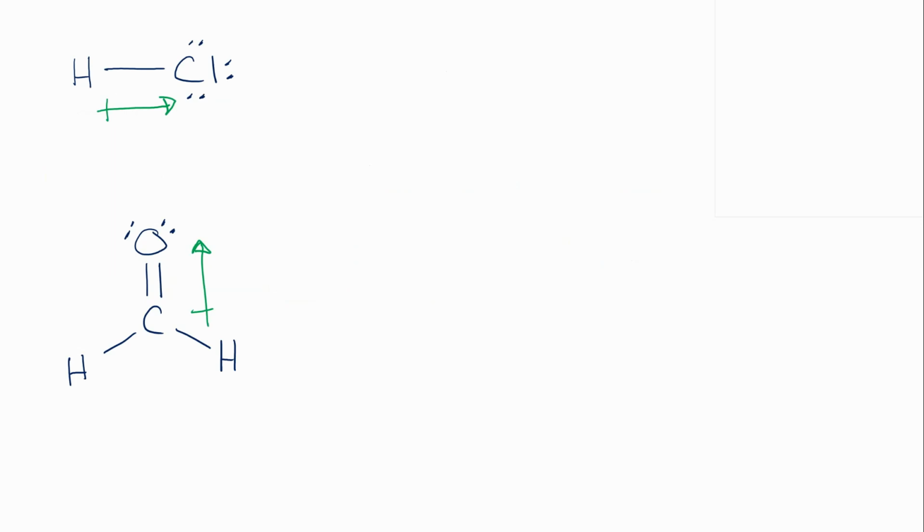My first two examples here are molecules that have a single polar bond. And anytime there is a single polar bond, the overall molecule will be polar. So it meets the first criteria of having a polar bond.